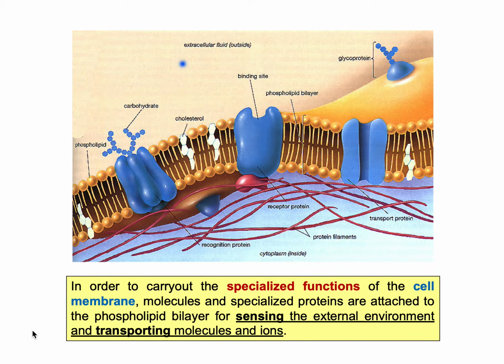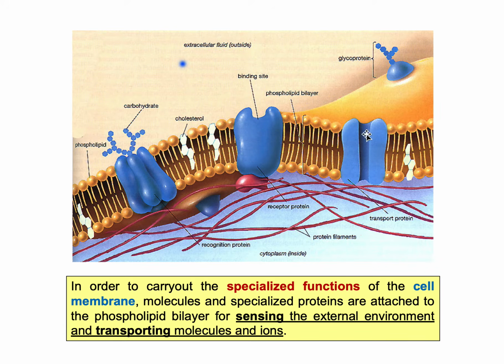In order to carry out the specialized functions of the cell membrane, specialized proteins are attached to the phospholipid bilayer. They sense the external environment, and when we say sensing, they sense the mechanical properties of the environment outside, and they also transport molecules and ions.